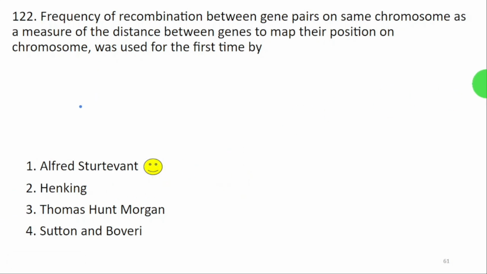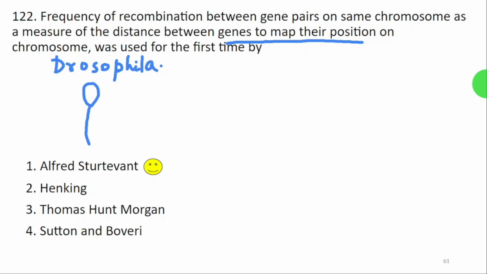Let's have a look at what he did. The model organism on which he worked was Drosophila.